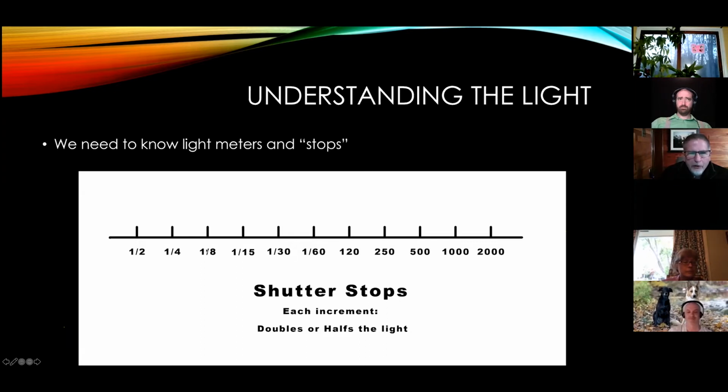The same here, if we go from 1/8 to 1/120, I can count the stops, 1, 2, 3, 4 stops. And it's fairly easy on our shutter stops because it basically is just doubling. So 1/8 of a second to a 15th, a 30th, a 60th, 120, 250, 500, 1,000, 2,000.